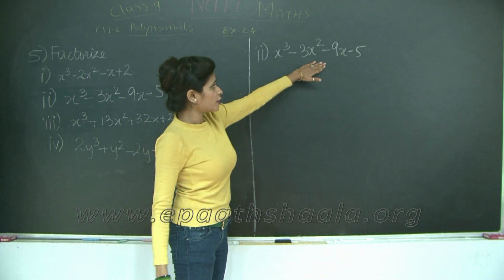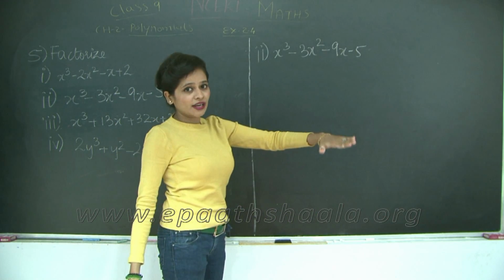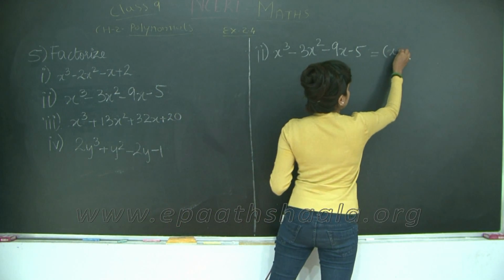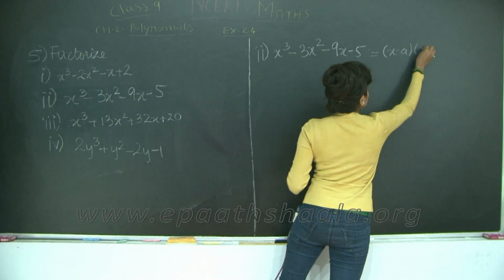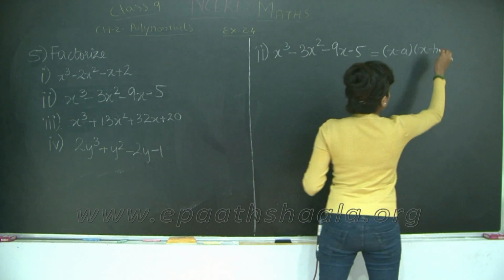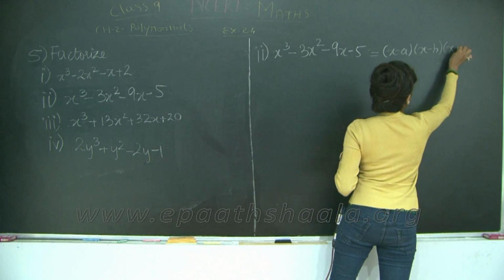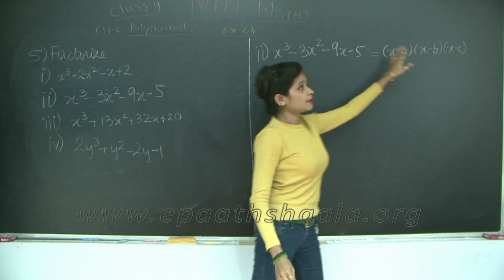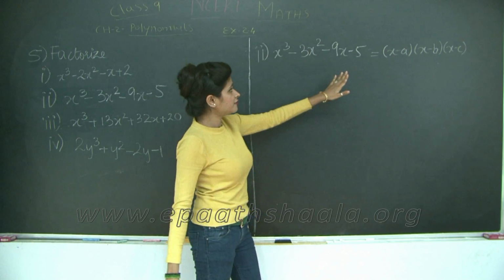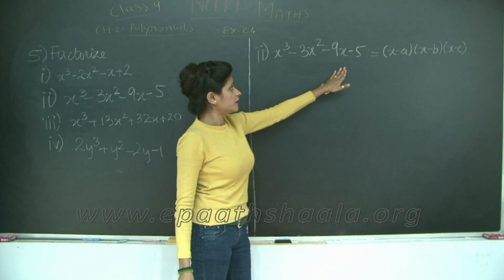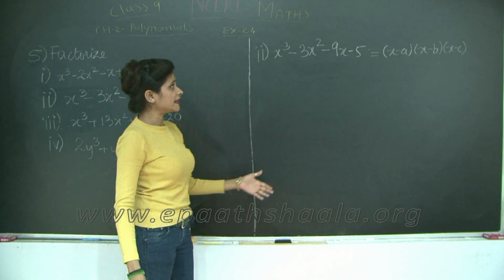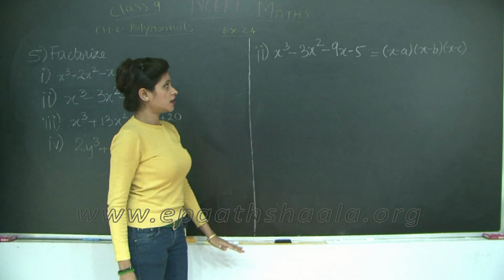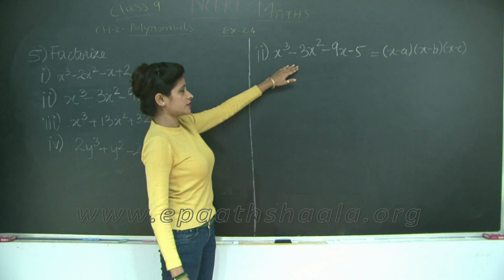Again, this is a cubic polynomial, therefore it will have 3 roots and it can be written as x minus a into x minus b into x minus c, where these 3 terms are the other factors of this polynomial. We can solve this either by hit and trial or by taking out common terms like we did in question number 1 of this section.